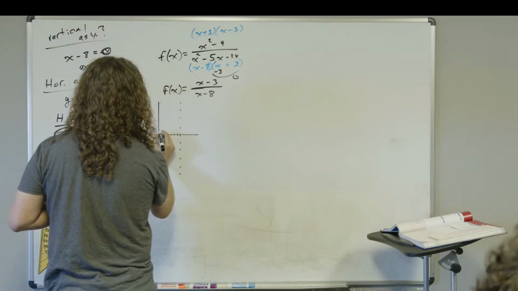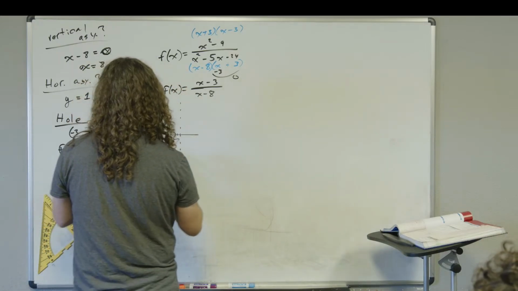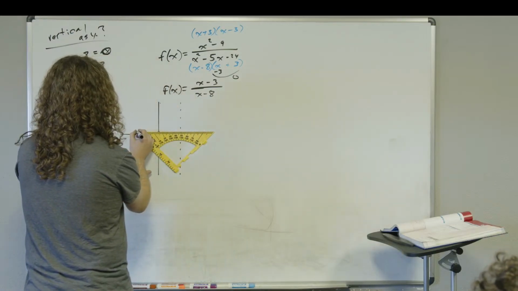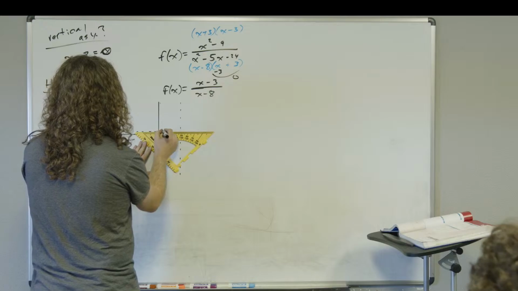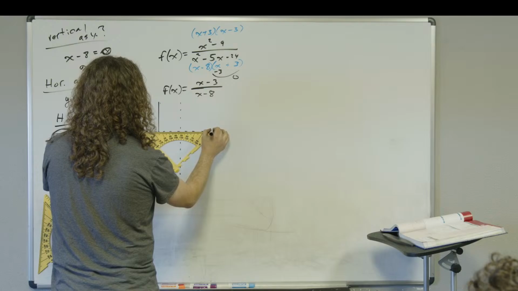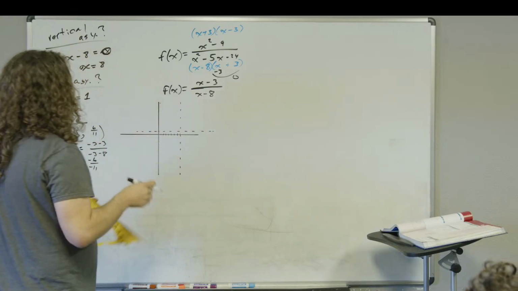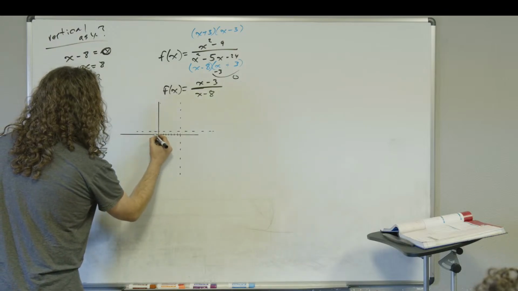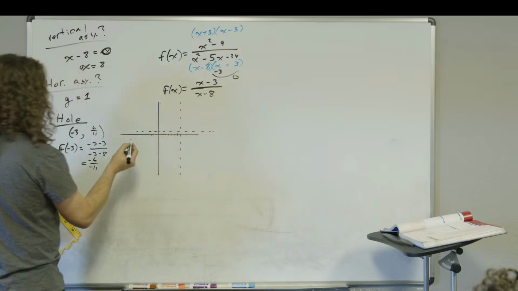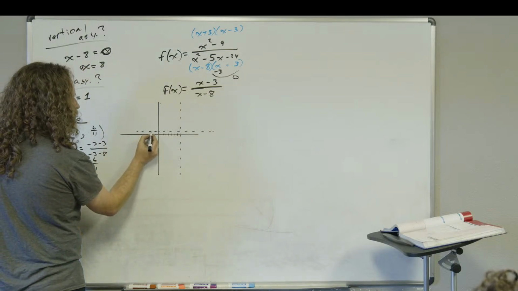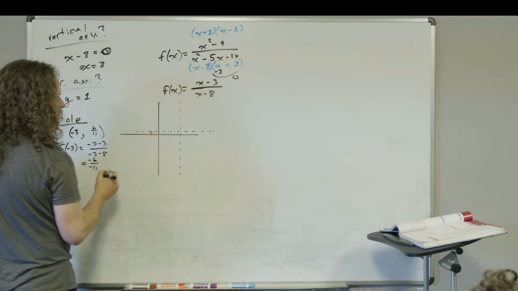And a horizontal asymptote at 1. -3, 6/11 is 1, 2, 3, and 6/11. So about a half-ish. It's got a hole right there.